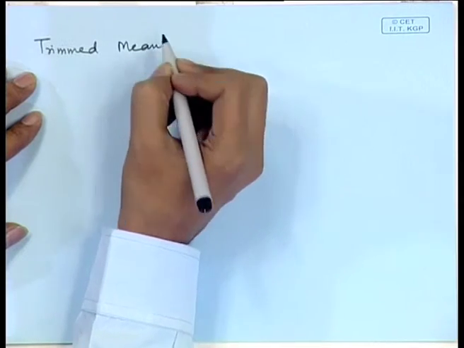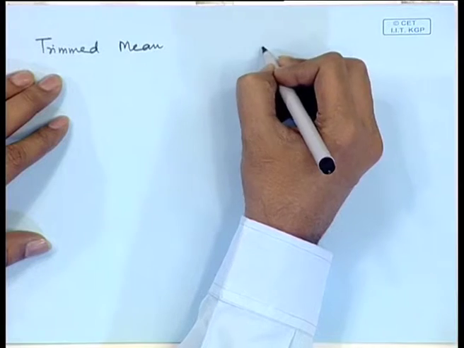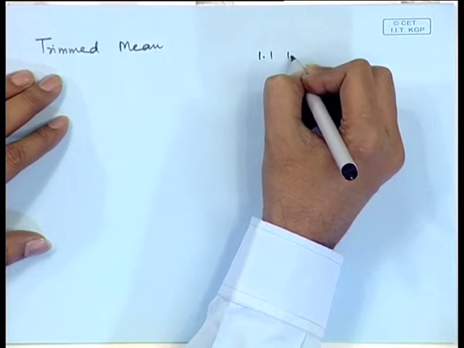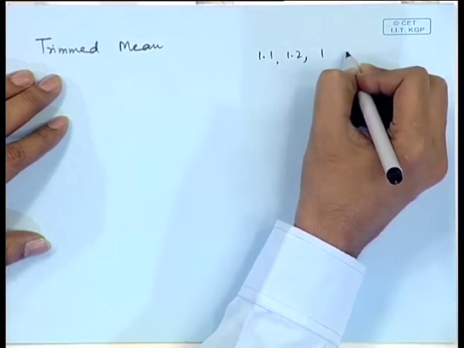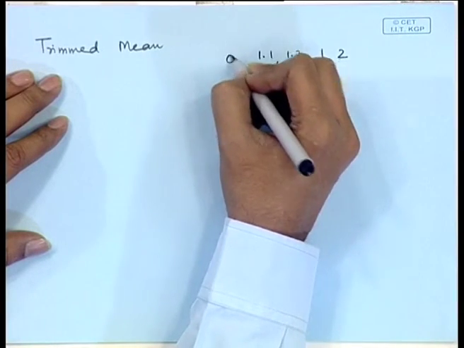Another option is that the highest and the lowest values are brought to the next lowest or next highest. For example, suppose I write 5 values: 1.1, 1.2 and say 1, and another value is say 2 and one value is say 0.